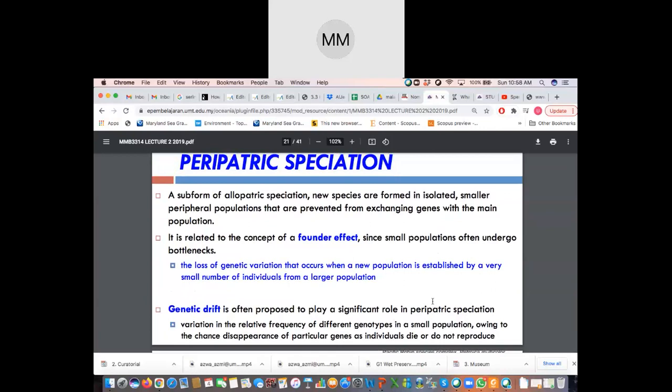The difference is that allopatric is more often a 50-50 split in population. When it comes to peripatric, it's a small population that has diverged from a bigger mainland population.